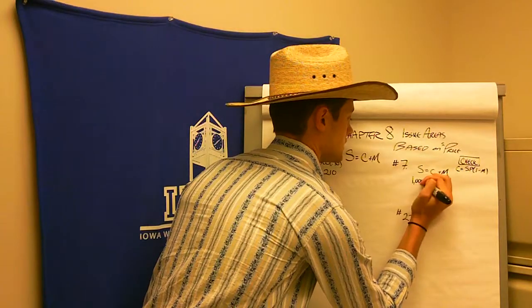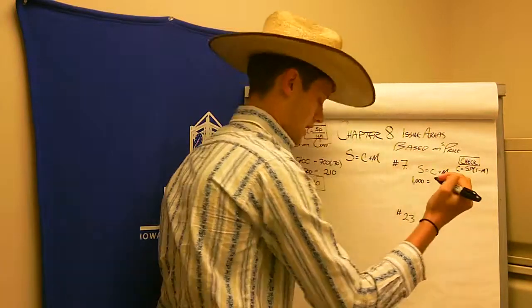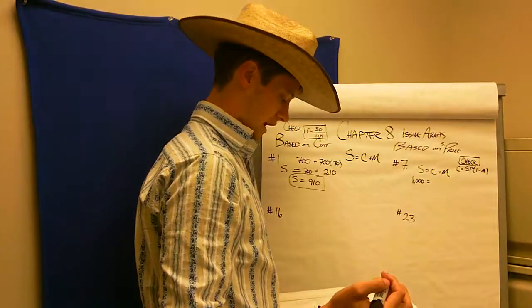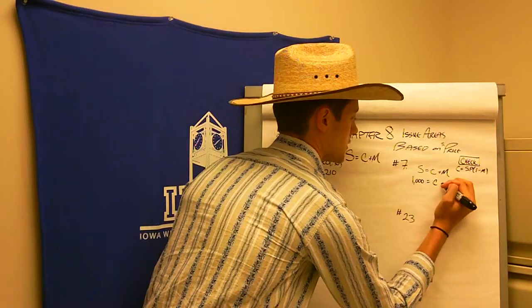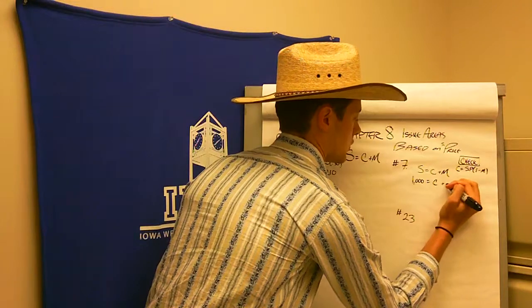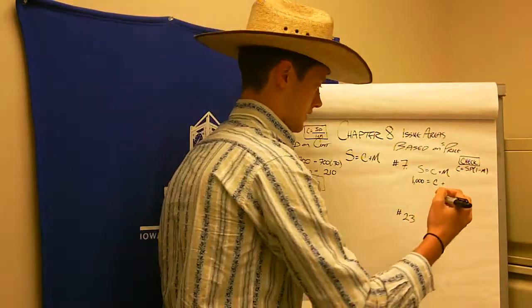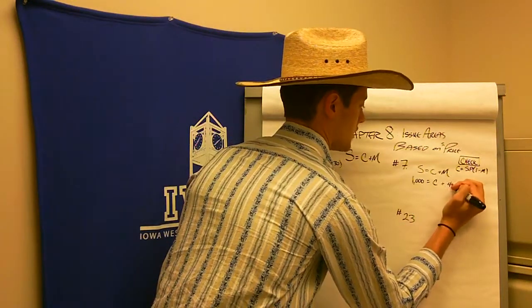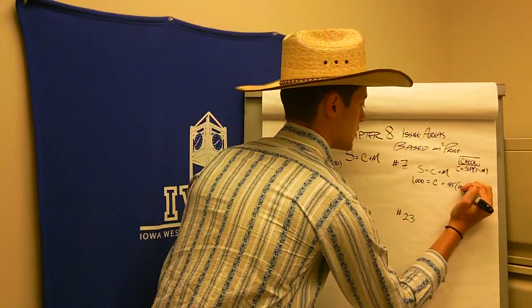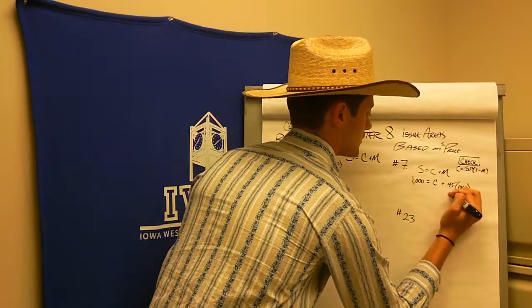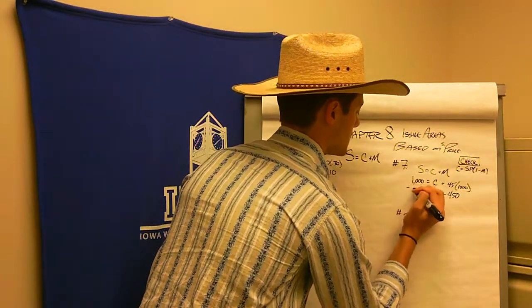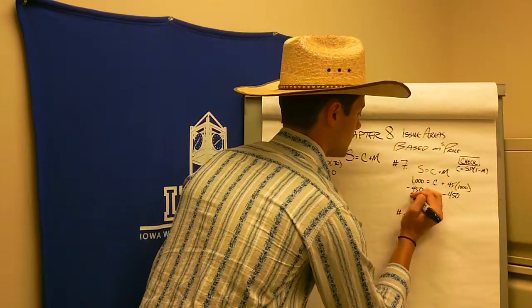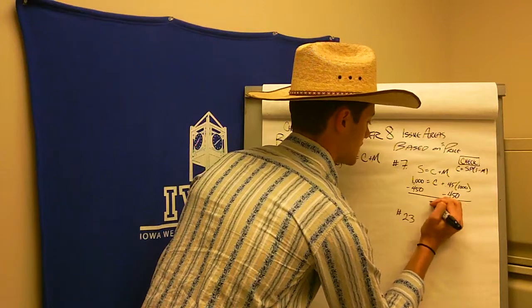So 1,000 equals our cost, which we need to figure out, plus our markup percent. We know the markup was 0.45 times our selling price, so it's 450. We have to subtract that from each side to get cost by itself.